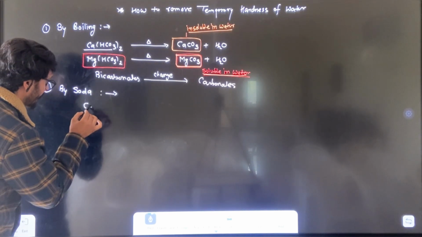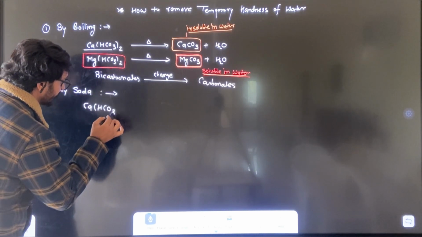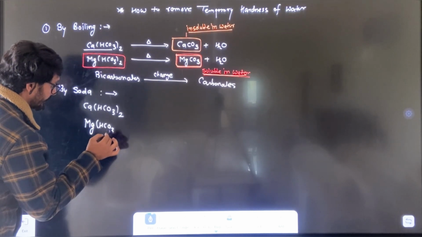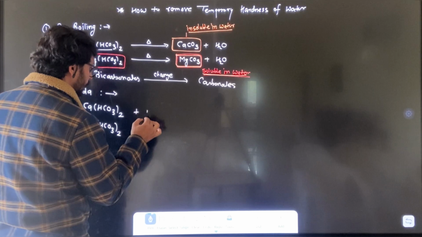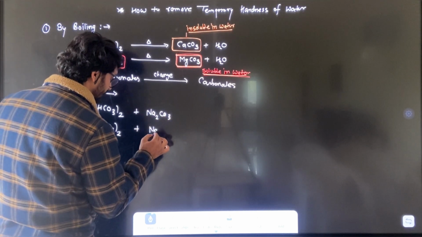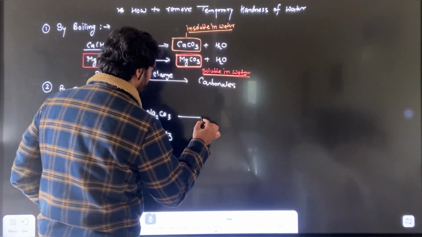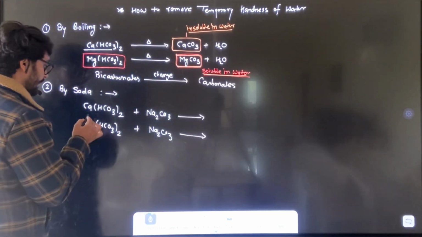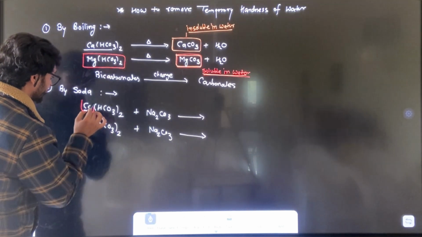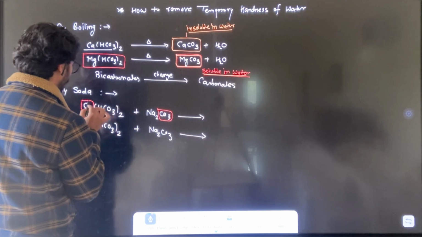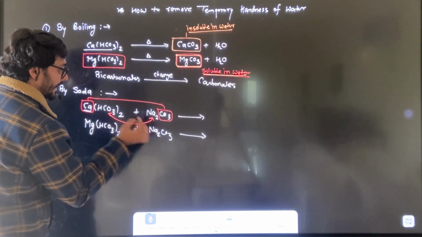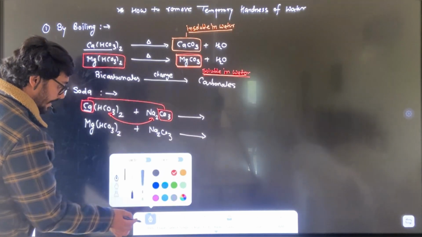If we have calcium bicarbonate and magnesium bicarbonate and they react with soda, which means sodium carbonate, then they form calcium carbonate and sodium bicarbonate.